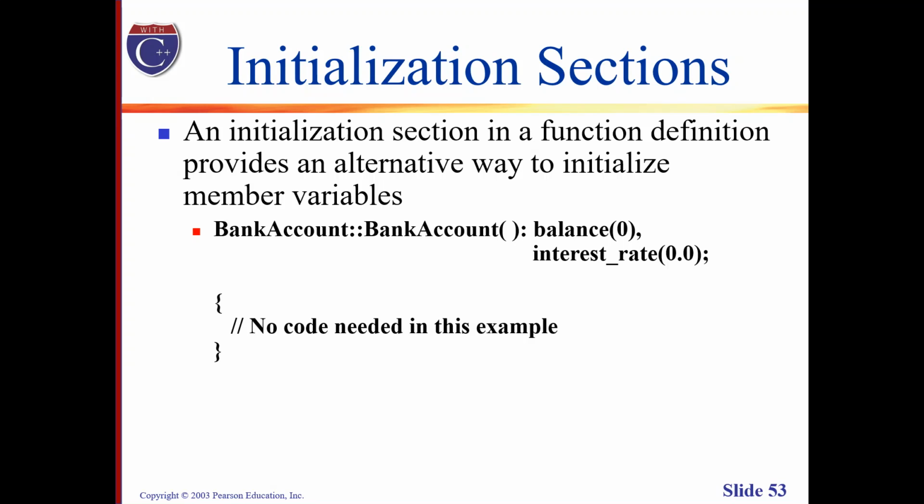An initialization section in a function definition provides an alternative way to initialize member variables. Since we don't need to do some other things aside from simply initializing our variable, we can do this in the following manner instead of having to write it in our function body. So this is what we call initialization section.